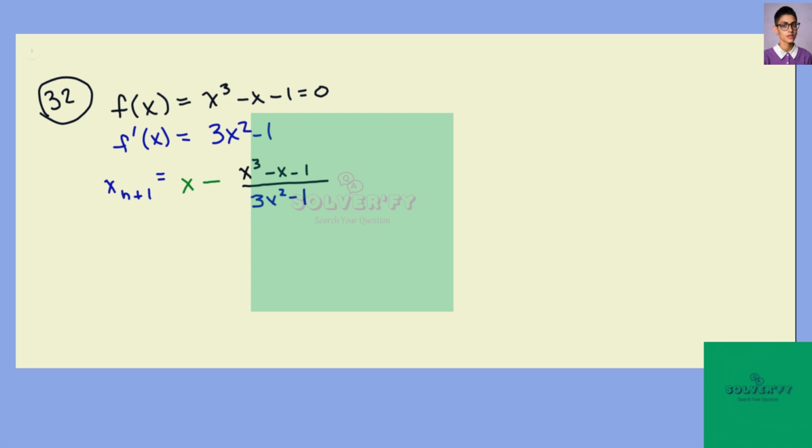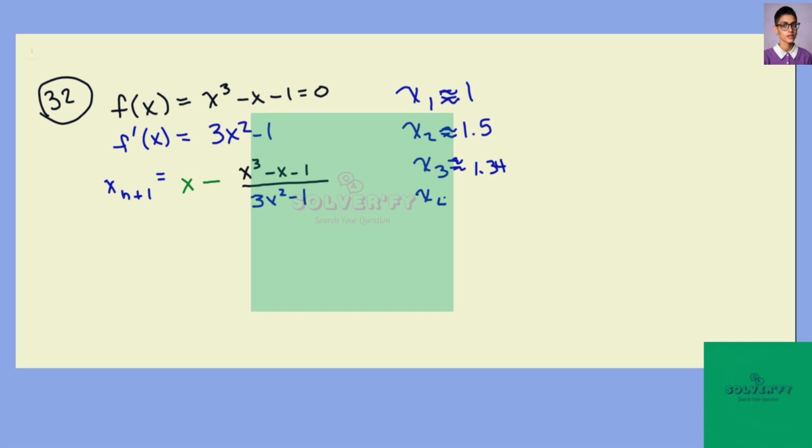So first of all, they ask us to estimate, x sub 1 equals 1. For x sub 2, plug in 1 for x sub 1, and I get 1.5, and these are all approximate. Then x sub 3 is 1.34.